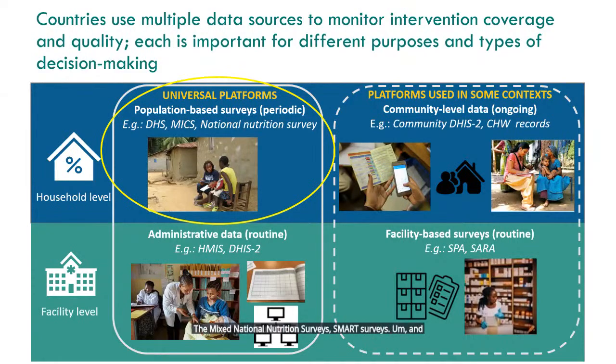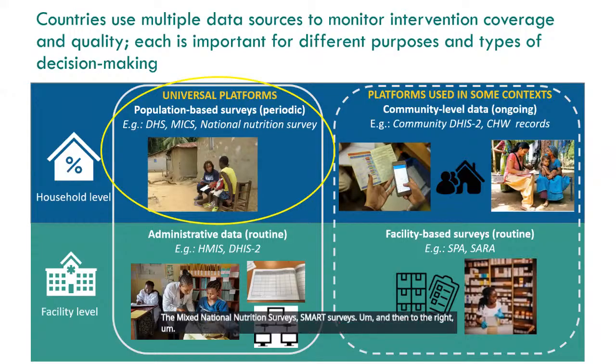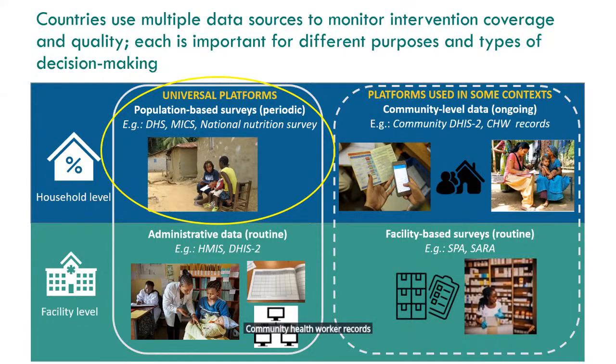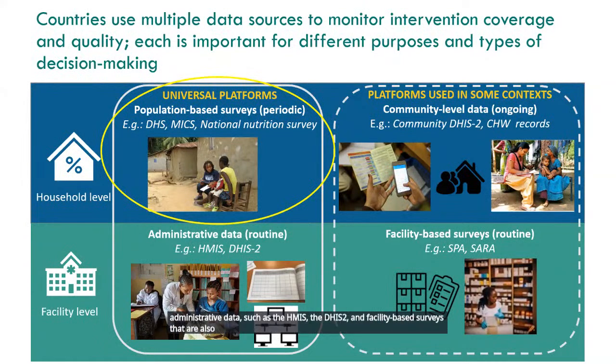To the right is community level data, such as community information systems and community health worker records. Those provide information about coverage of some interventions at the household level. Below, at the facility level, there may be administrative data, such as the HMIS and DHIS2, and facility-based surveys like the SPA survey and the SARA survey.